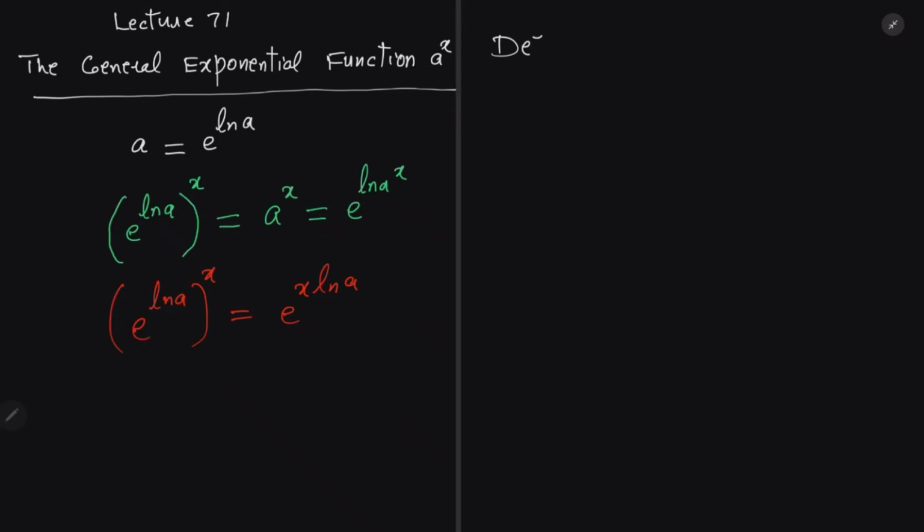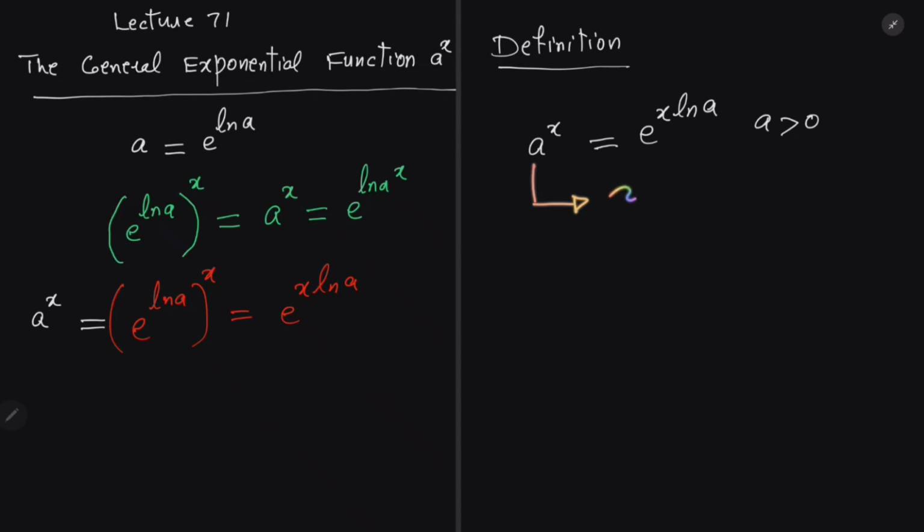So the definition is we can write a raised to power x. Since on the left-hand side you can see that it is a raised to power x, a raised to power x can be written as e raised to power x natural log of a, for a greater than 0. This is also an exponential function, but with base a.